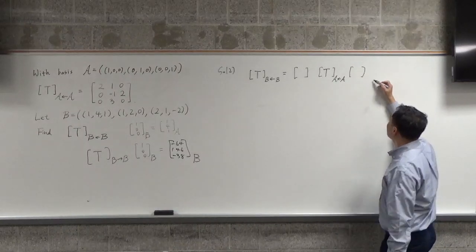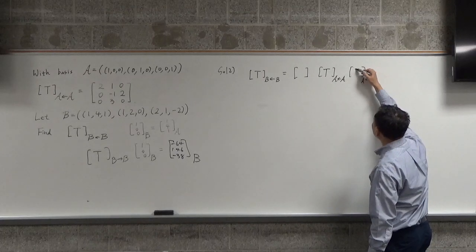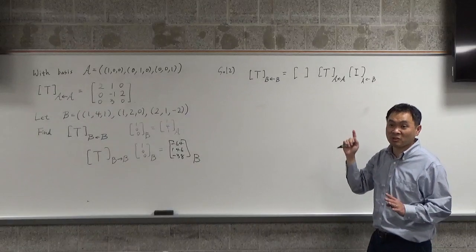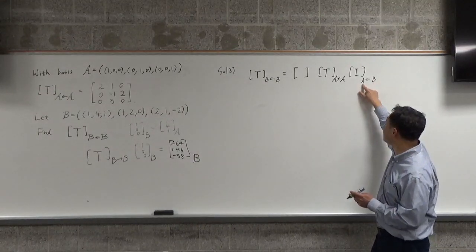So you go from B to A, but you're not really doing anything to the vector. The vector stays the same, but the representation changes from basis B to basis A, okay?